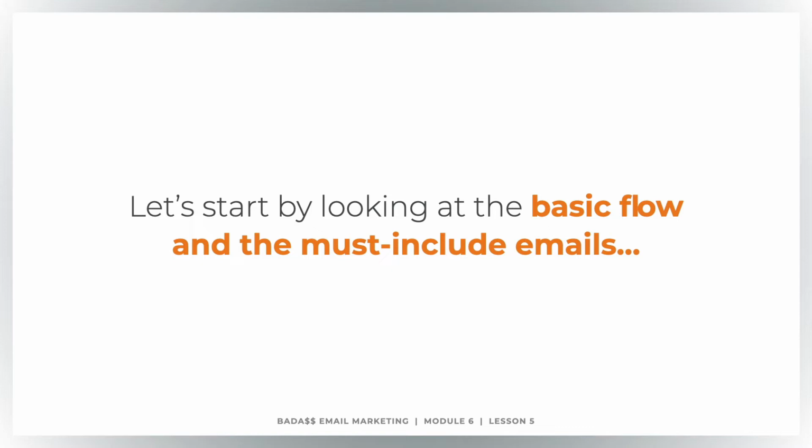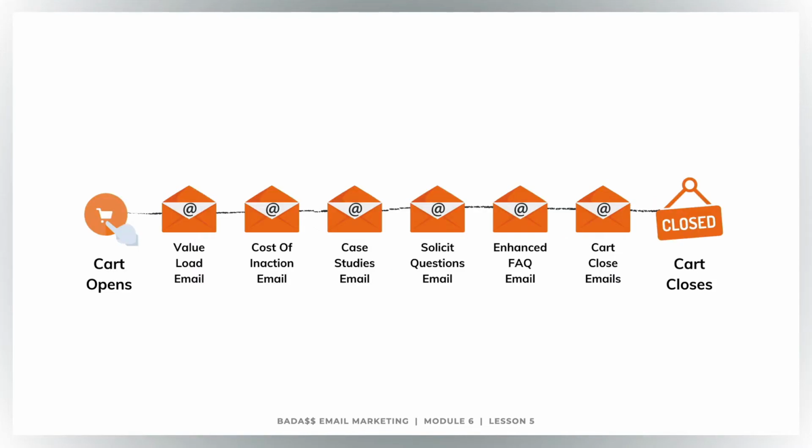These are the universal emails, and then we'll talk about how to modify based on your particular launch period, launch sequence, etc. So here is the general flow. When the cart opens, generally the first email you'll send is what's called a value load email. We'll talk about it more in the next lesson, but a value load is where you recap the offer.